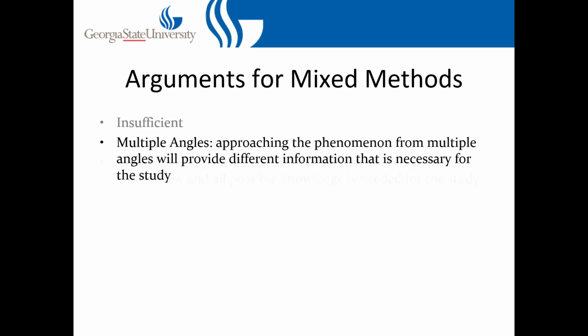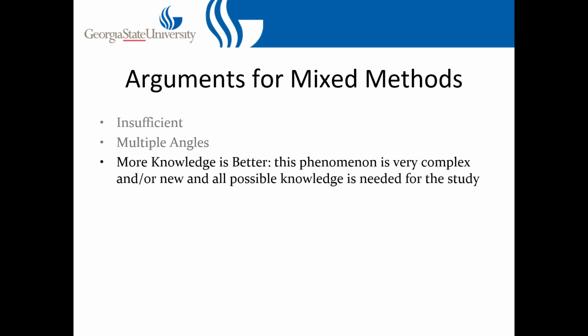The next argument is more knowledge is better. This idea that the phenomenon that I'm examining is so complex or it's really new that we need all the possible knowledge that we can for this study. So the thing that I often think about when I think about more knowledge is better is something like texting. So 10 years ago, texting was pretty commonplace, right? Well, now we have laws, especially in Georgia, about texting and driving.